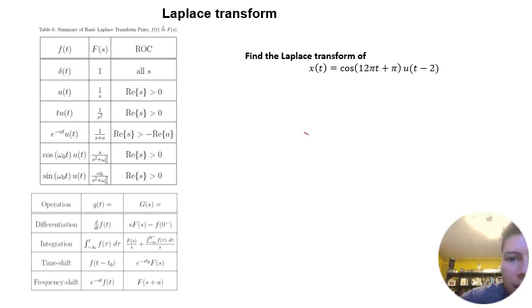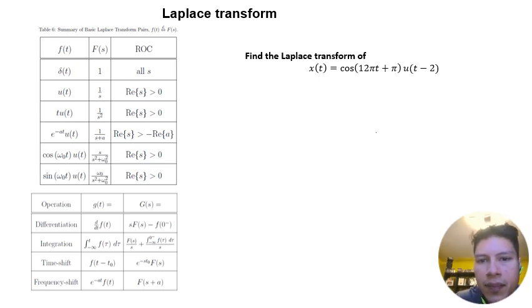So we know that x of t... since we have a delay in the unit step function, we also have to find a way to delay our cosine. Okay, there you go. So we have to basically find our cosine.